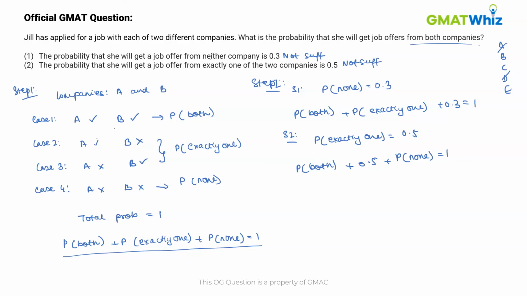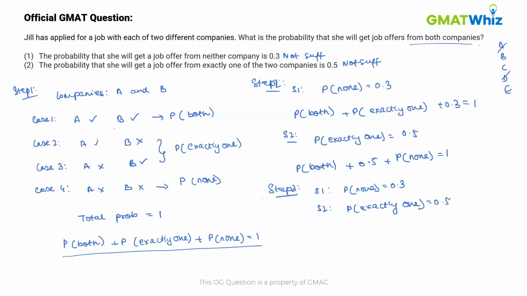And we move on to the last step, which is step 3, and analyze both the statements together. Now, let's write down the information that we get from statement 1 first. Statement 1 tells us that P of none is 0.3, and statement 2 tells us that P of Jill getting exactly one offer is 0.5.